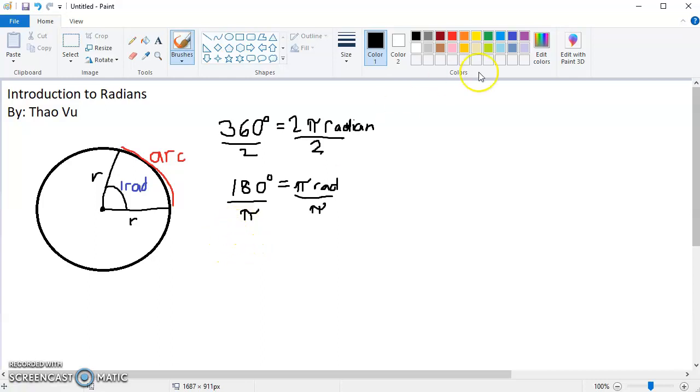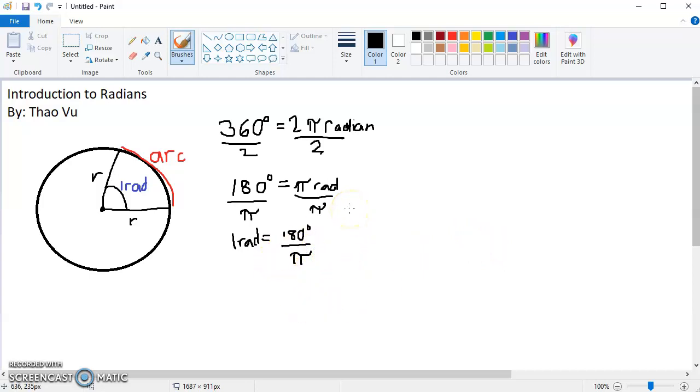So that makes 1 radian equal 180 degrees divided by pi, or over pi.